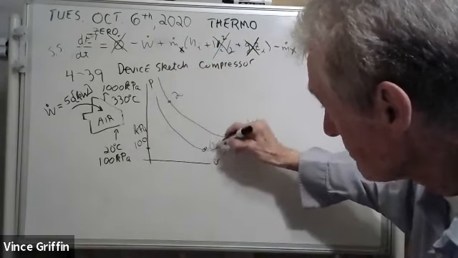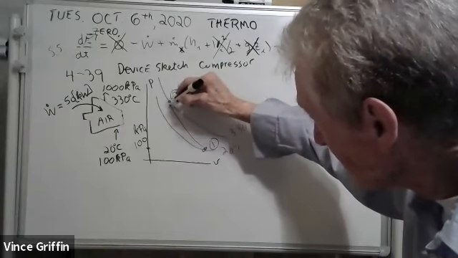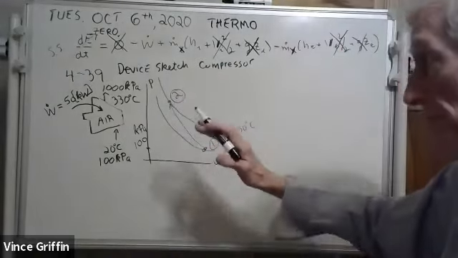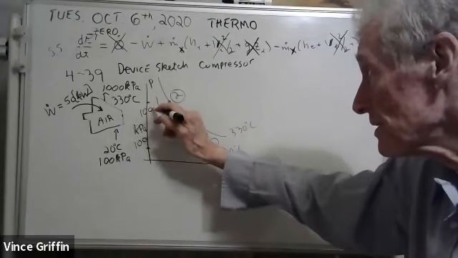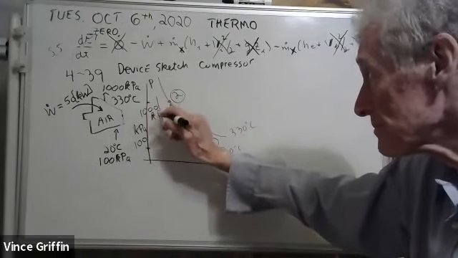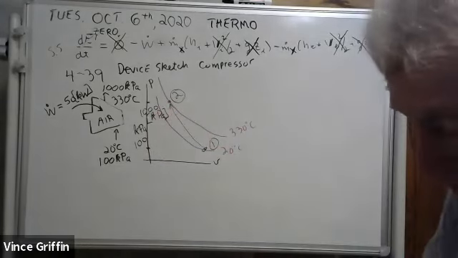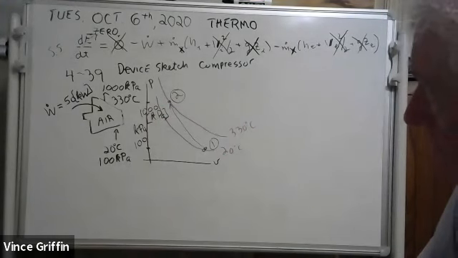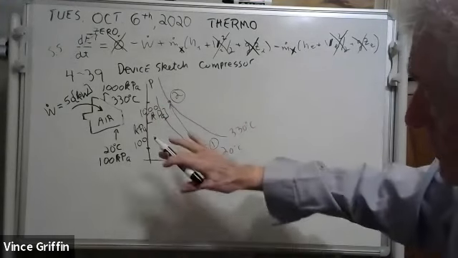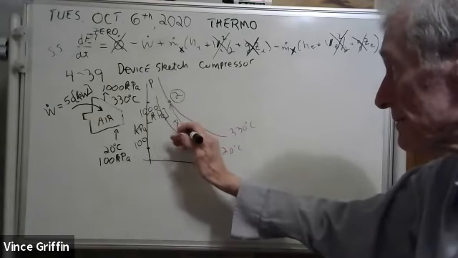Here's state 1, here's state 2, and it's an adiabat. It's just going the other way. See, this is 1,000 kilopascals. So we've done our PV diagram.